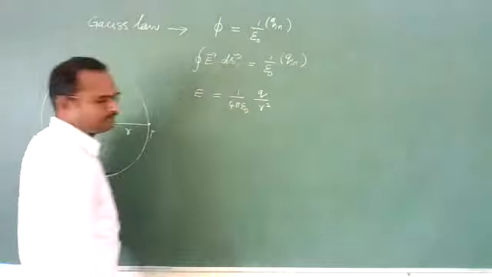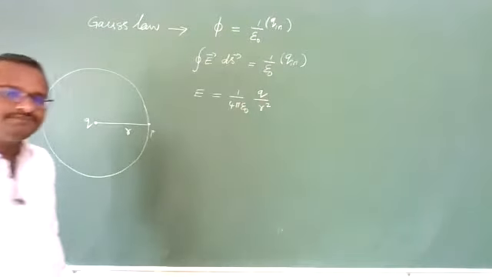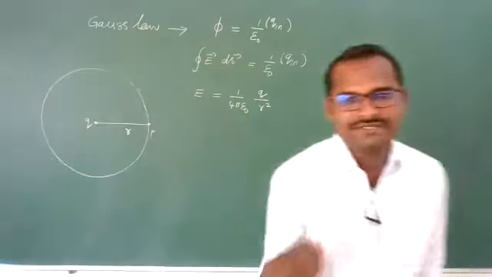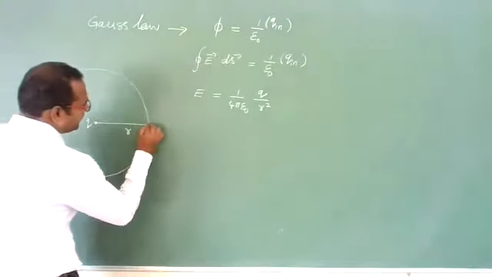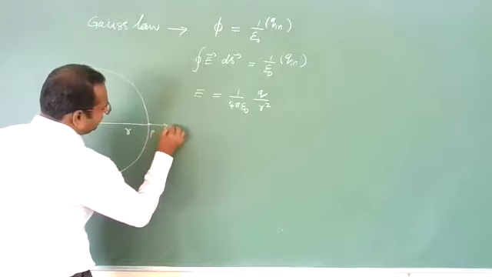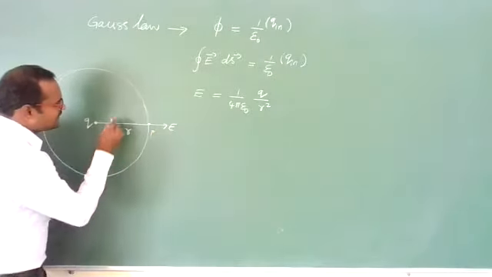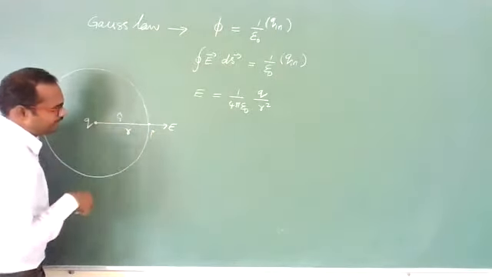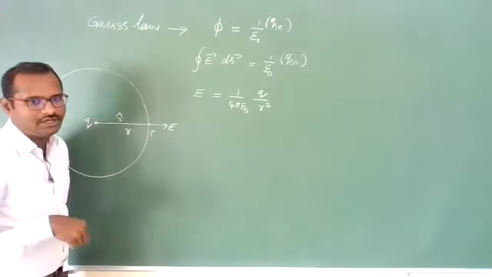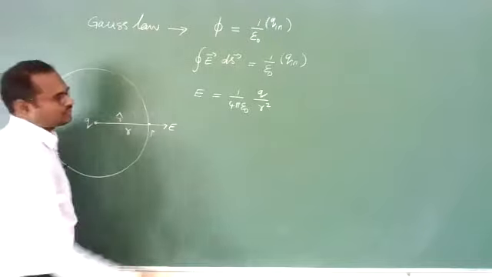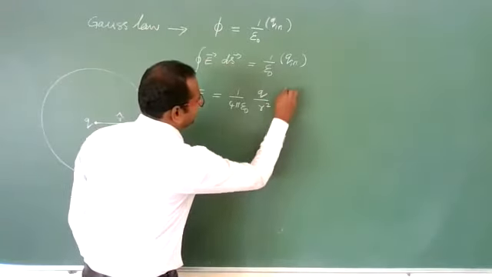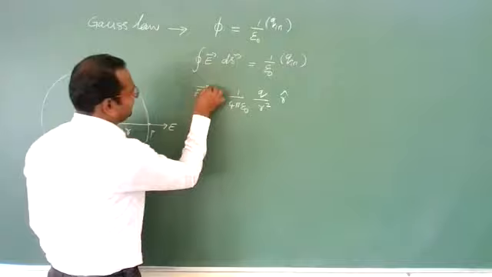And what will be the direction of this electric field? The electric field direction is in the direction of r cap. r cap is a unit vector pointing outward from positive charge Q.